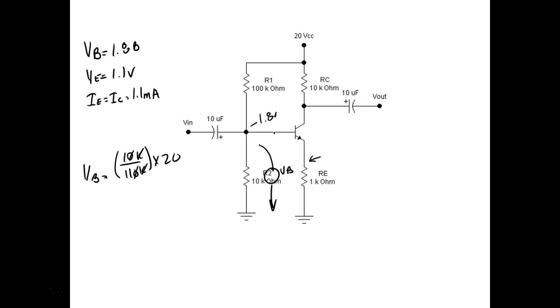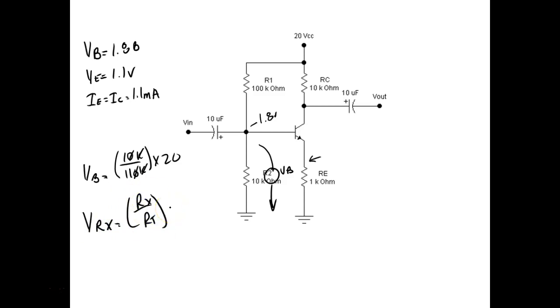What's nice about the voltage divider formula is we can calculate voltages in a series circuit without calculating current, because the ratio of resistor drops in a series circuit depends on the ratio between that resistor and the rest of all the resistors in the circuit. So the formula for voltage is VRX equals RX over RT.